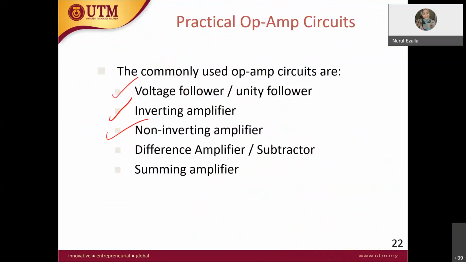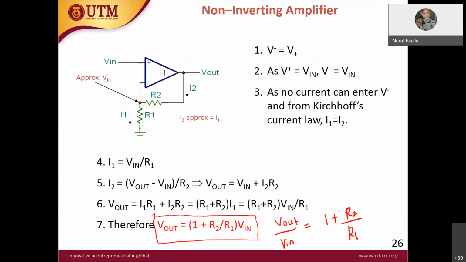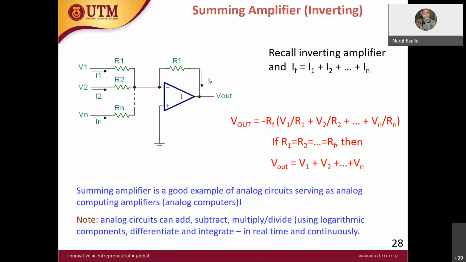So we've done 3. The third one is a difference amplifier, but in my slide the summing amplifier comes first, so we will look at the summing amplifier first. So this is how it looks, and in this case it is a summing inverting amplifier. Why inverting?